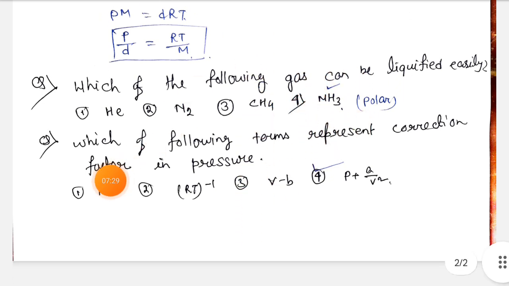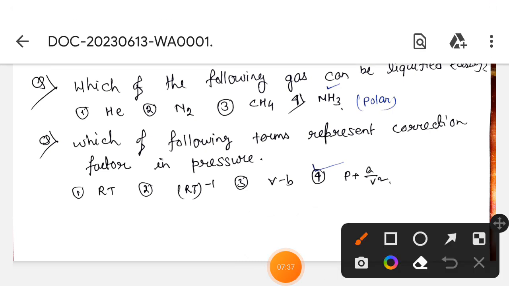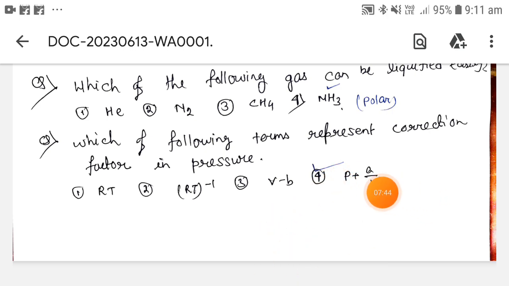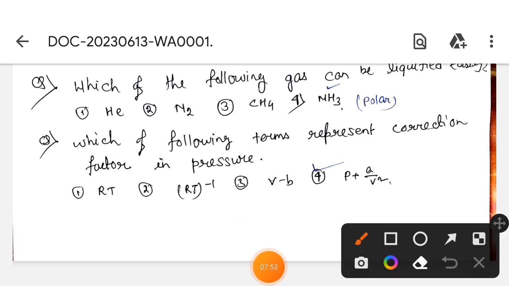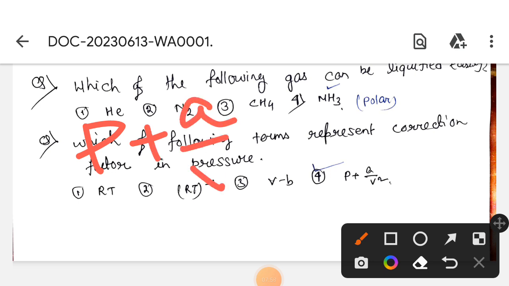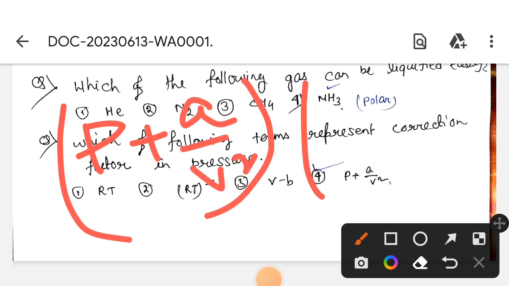Next: which of the following terms represents the correction factor of pressure? In the Van der Waals equation, you can write P plus A by V square, times V minus B, is equal to RT.